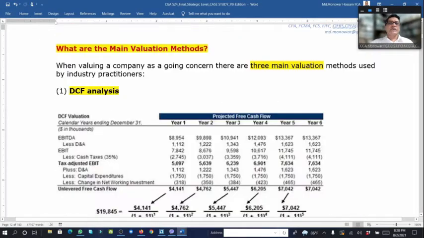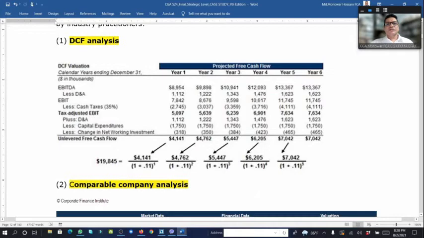So if we look at the DCF analysis, here is just an example: year after year projected cash flow. For example, if we go for a capital budgeting analysis, we use different types of techniques there. Some are NPV, IRR, profitability index.